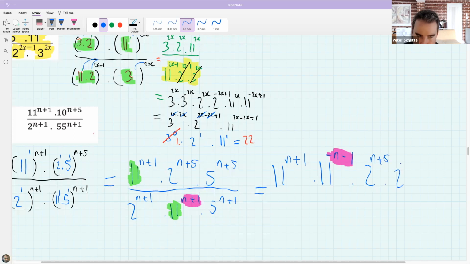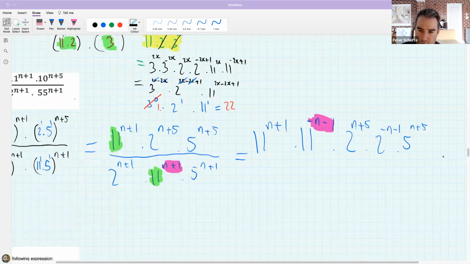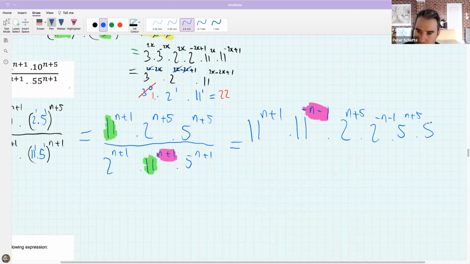So I get that. And then the last one is 5 to the n plus 5 times 5 to the negative n plus 1. So what's that going to give me?